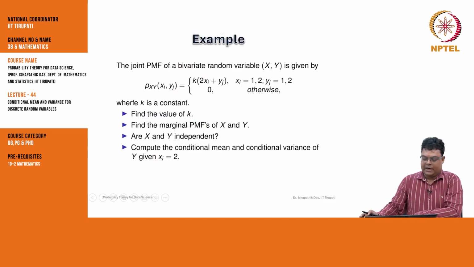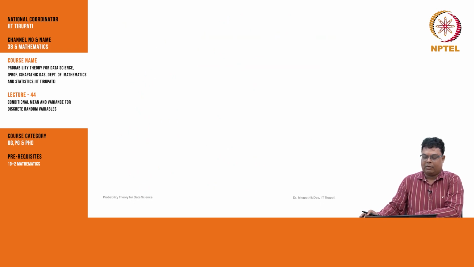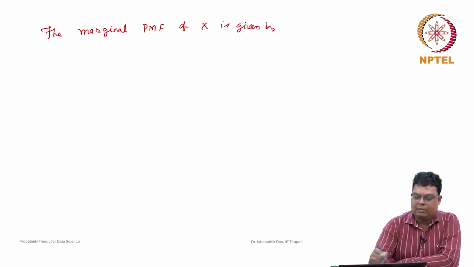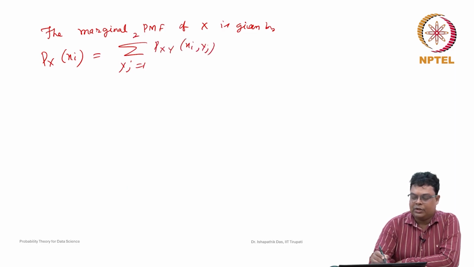Now if you want to find the marginal probability mass function of X, it is given by p_X(x_i). By definition this is the summation over y_j equal to 1 to 2 of p_XY(x_i, y_j), but it will be non-zero only for x_i equal to 1 or 2, and otherwise this value will be 0.